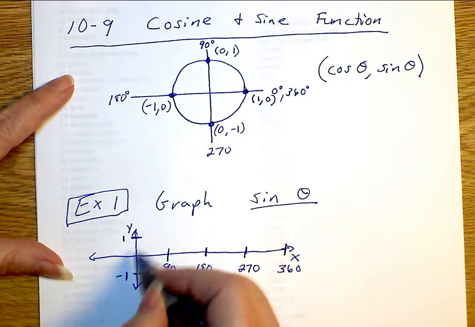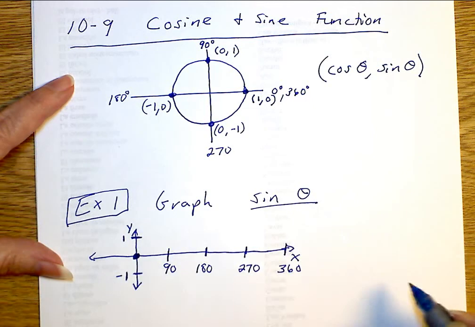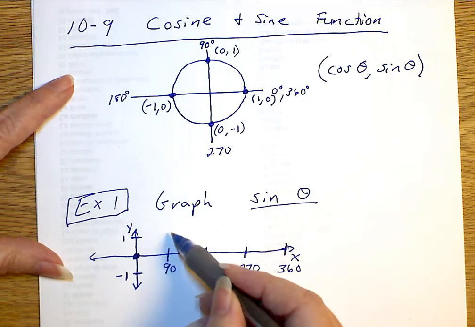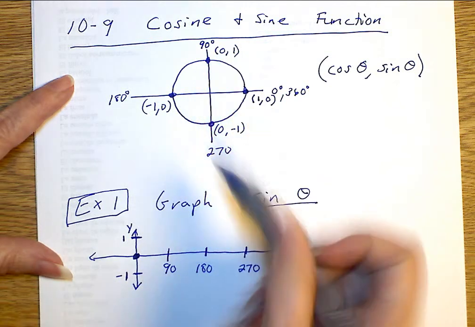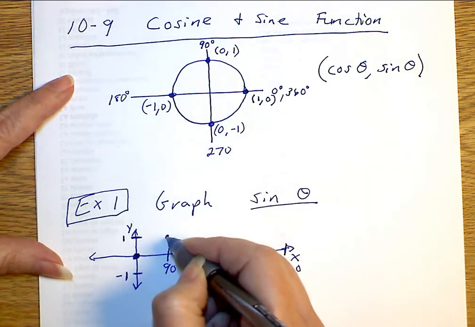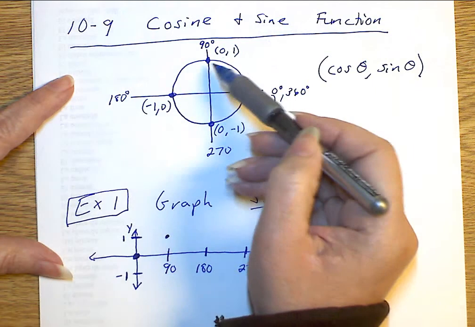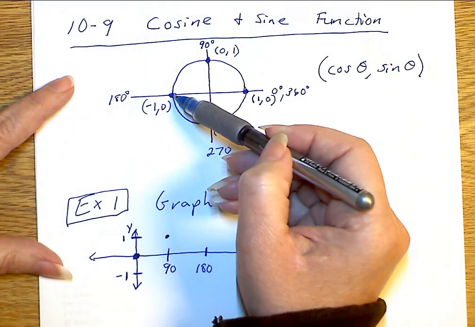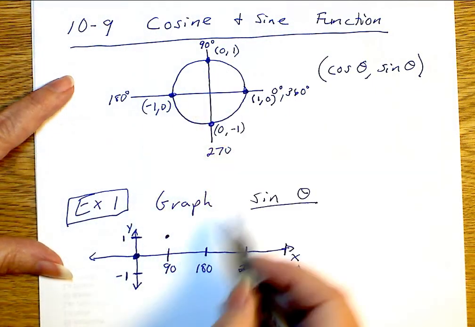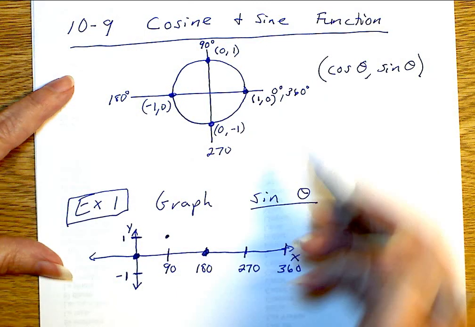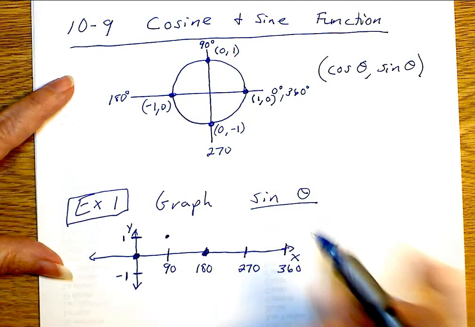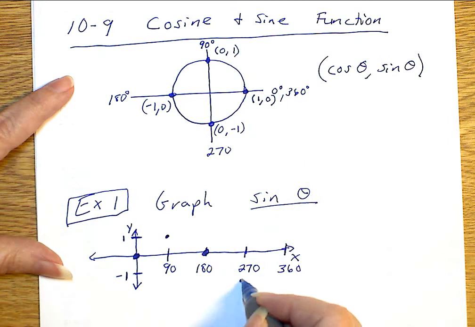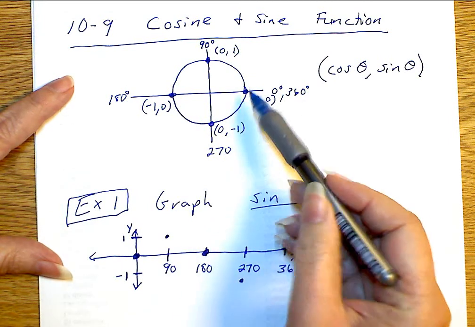So at 0, it's 0. At 90, sine is 1. At 180, sine is 0. At 270, -1. And then 360 is 0.